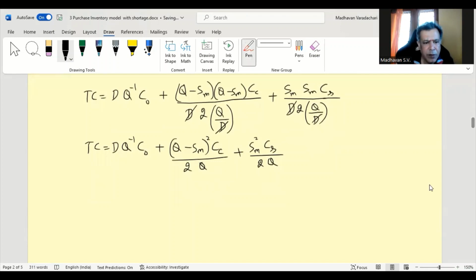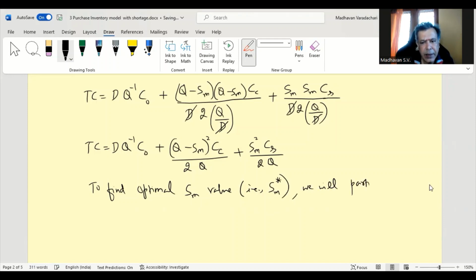Now, if I have to find optimal SM value, that is optimal maximum shortage, I will say that as SM star, we will partially differentiate TC, that is total cost, with respect to SM.